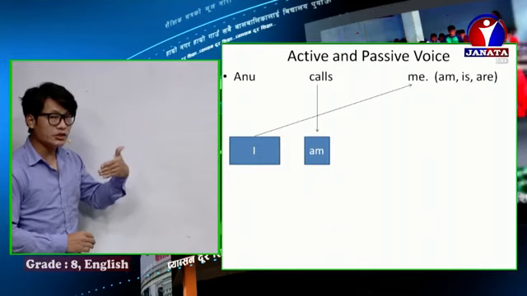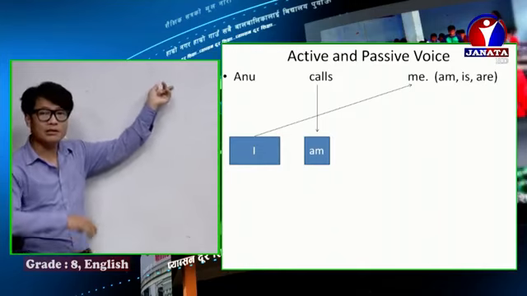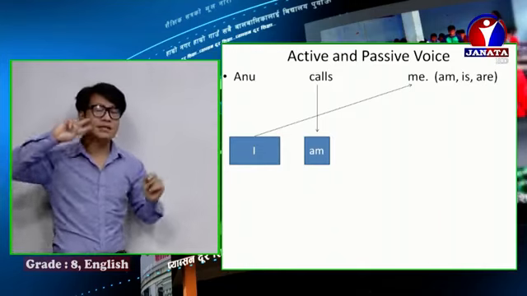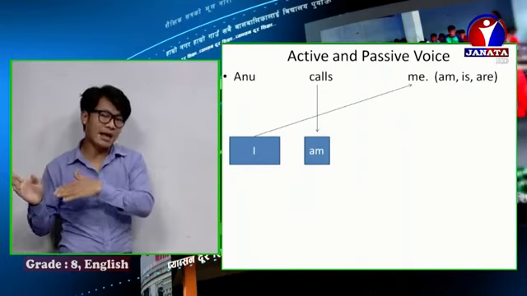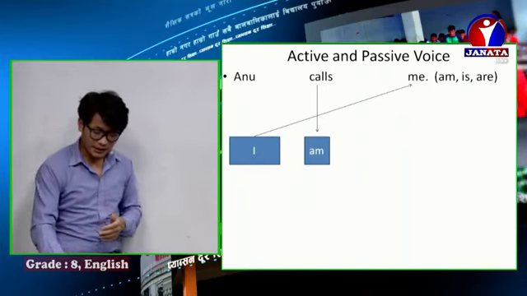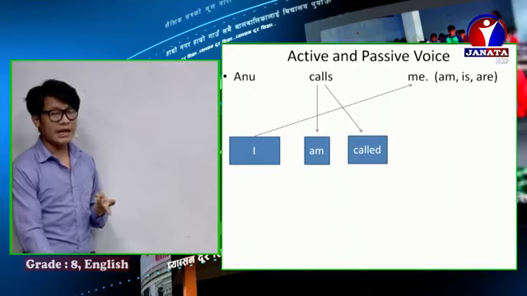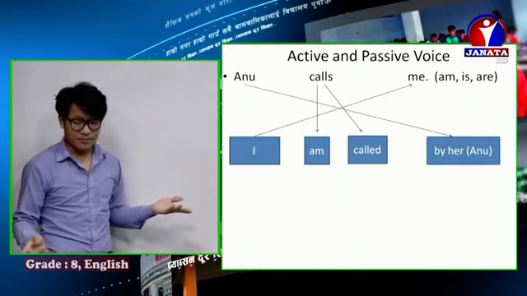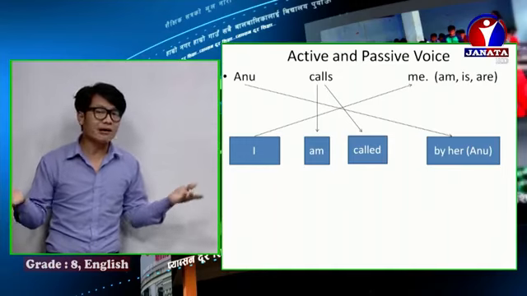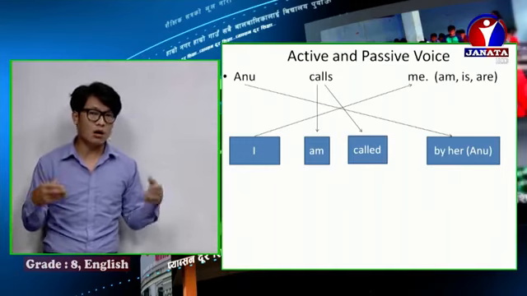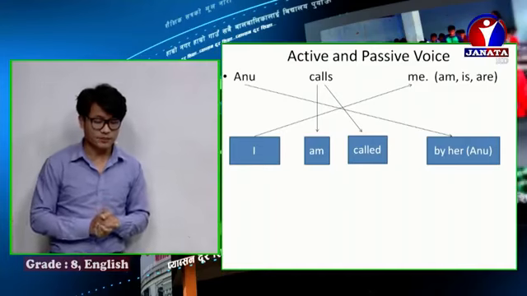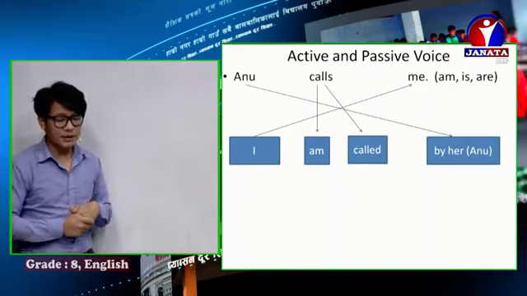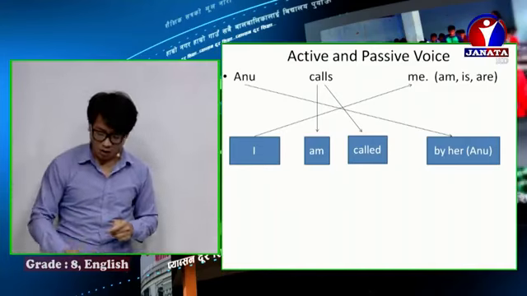Now we need to change verb 5, calls, into verb 3. What is the verb 3 of call? Obviously called. By whom? By Anu, or you can write her. So "Anu calls me" becomes "I am called by Anu."